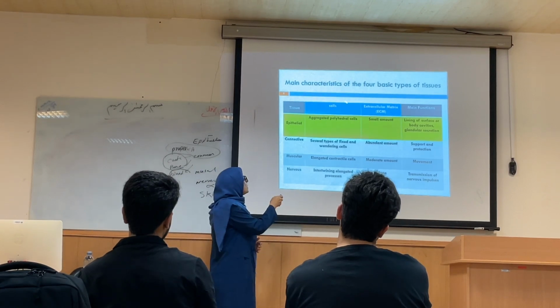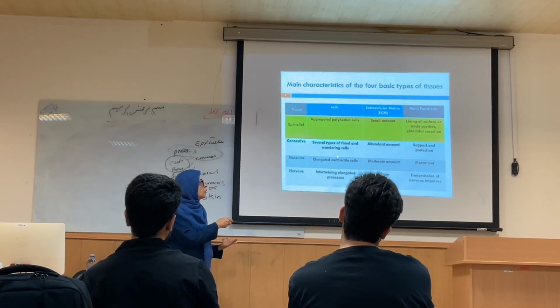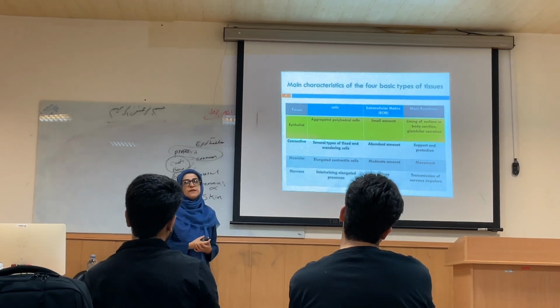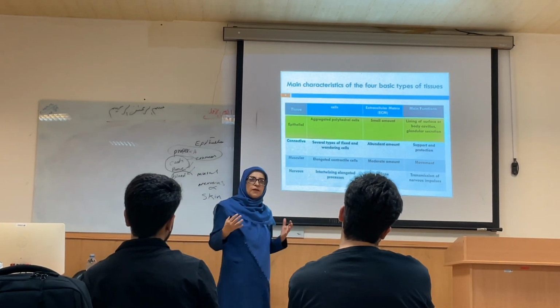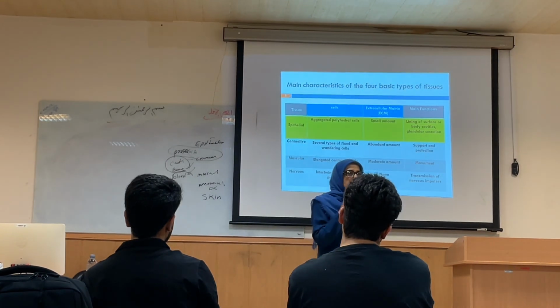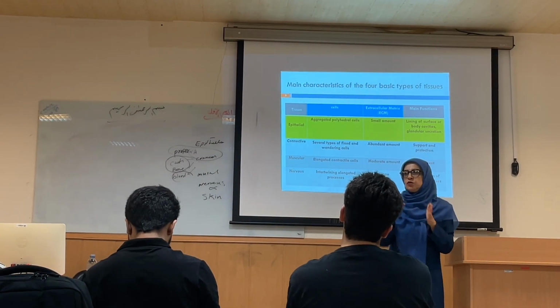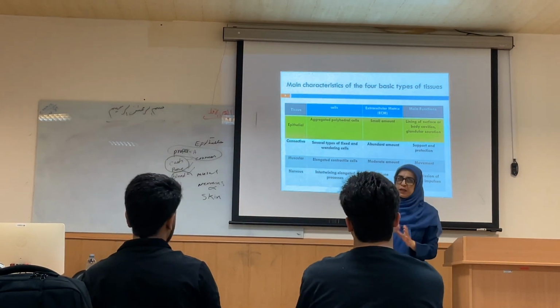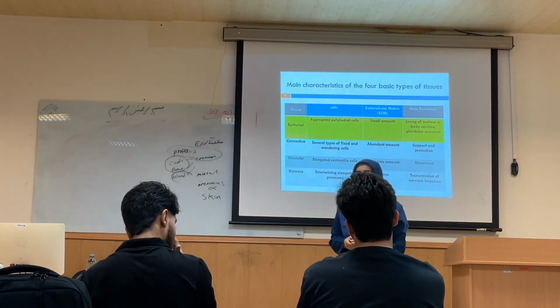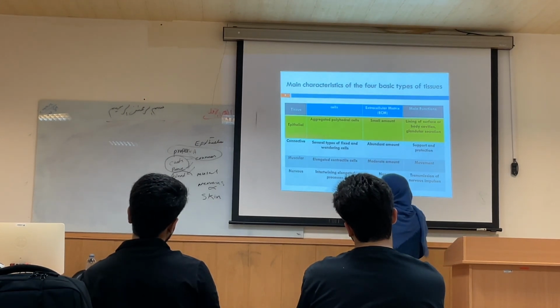For example, epithelial tissue has just one cell type, epithelial cells, or muscle cells, nerve cells. But in the connective tissue, there are a lot of cells, some of which are always in the connective tissue, and some of which migrate from the blood to connective tissue and do their function, which we will learn in the next session.